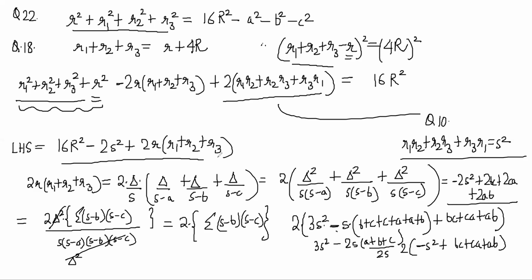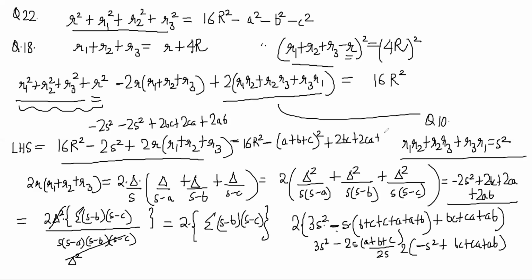And what you get then is here minus 2s square, and this becomes minus 2s square plus 2bc plus 2ca plus 2ab, right? So this is clearly 16r square minus 4s square, which is (2s) whole square, which is (a plus b plus c) whole square, plus 2bc plus 2ca plus 2ab.